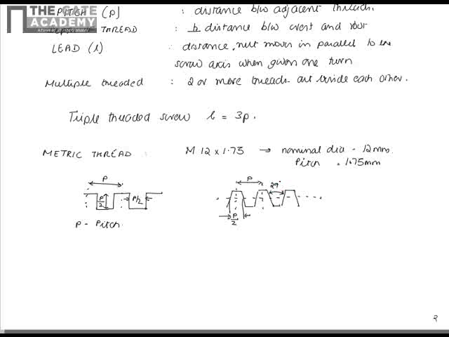These are the different designations used in threads: basically metric thread, Acme thread, and square thread. This is the Acme thread and this is the square thread. Acme thread and square thread are basically used in power transmission, in power screws. Next we will see what a power screw is.